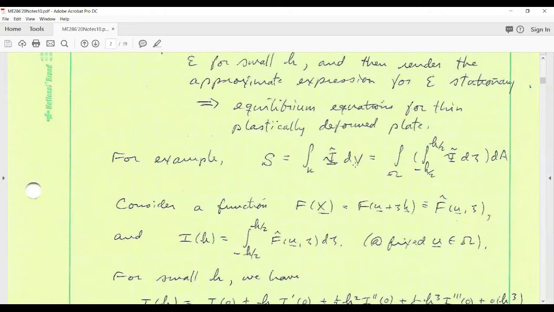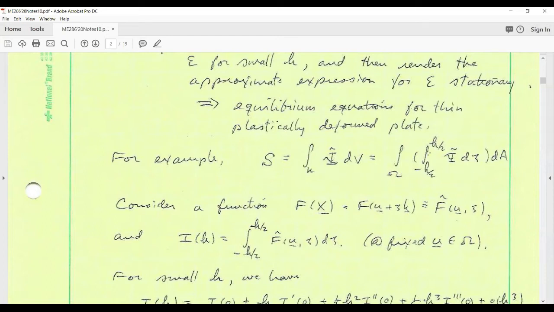I can write that dV as a dA on the plane, the midplane, times d zeta through thickness, and then carry out the integration with respect to zeta. And then when I'm done, integrate over omega to get the total strain energy.